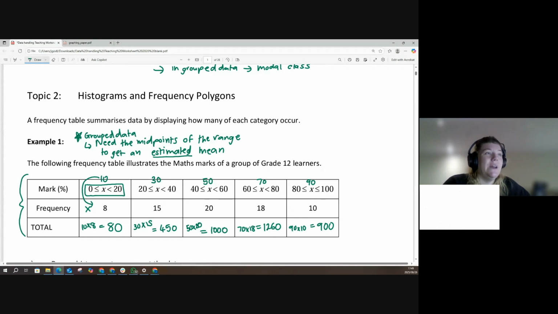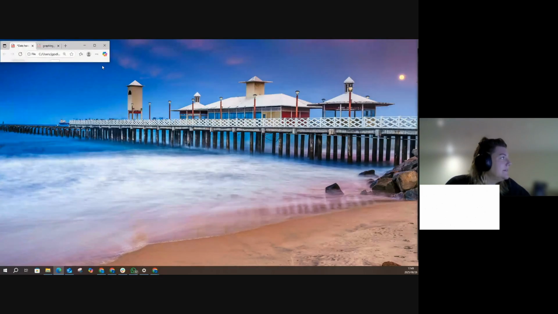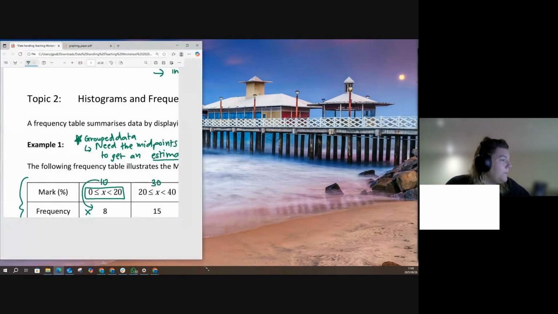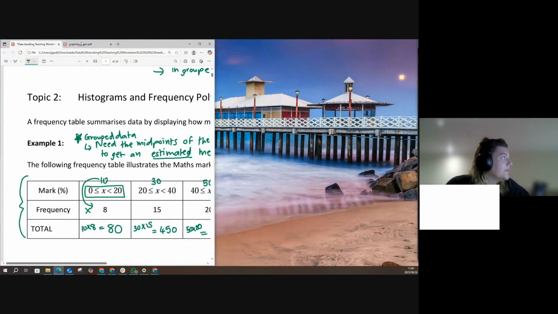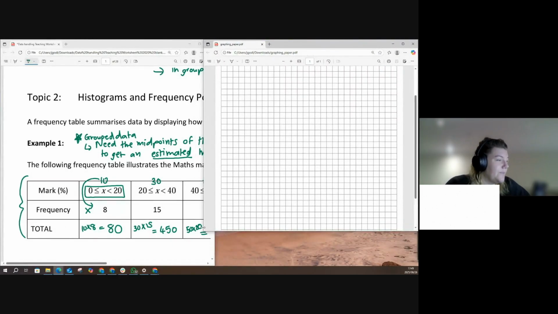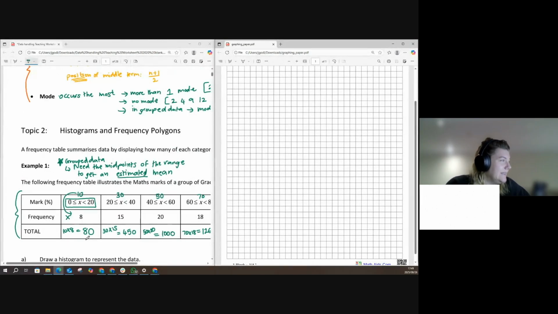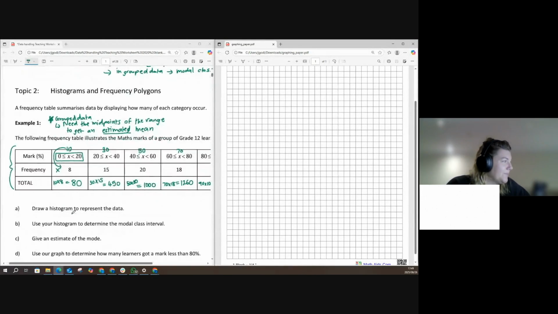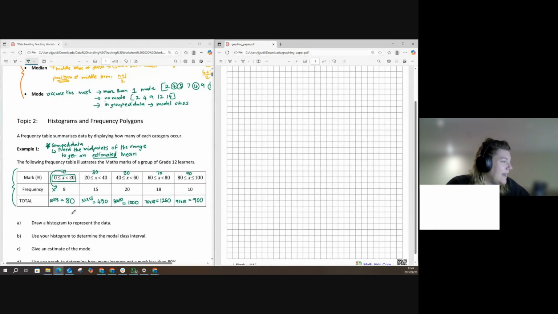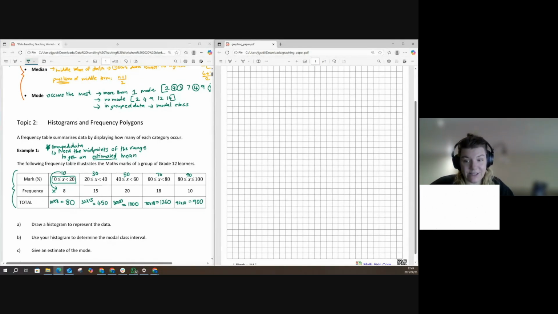But what I would like you to do, I'm just going to minimize this a little bit so that I have space, is you are going to take this information and you are going to draw a histogram.